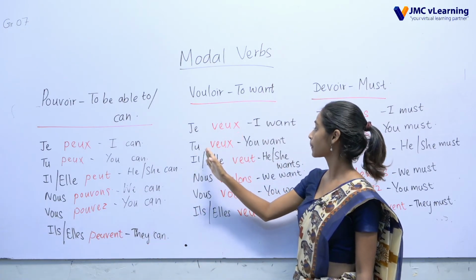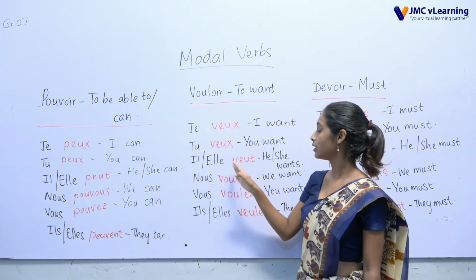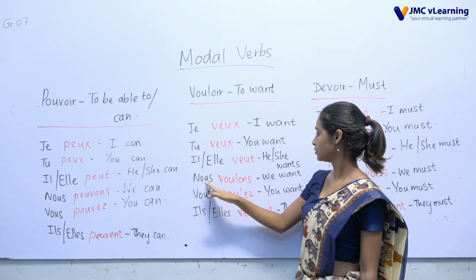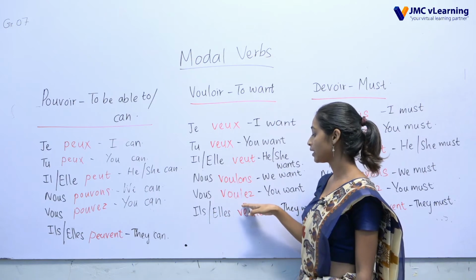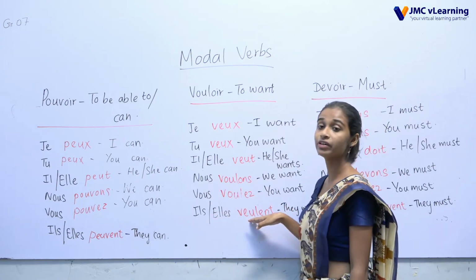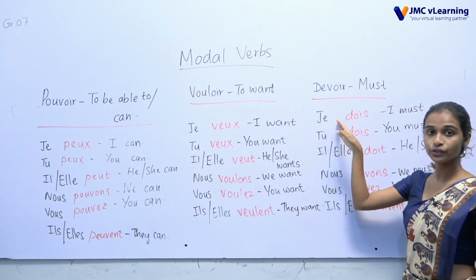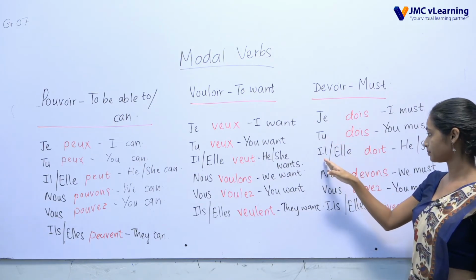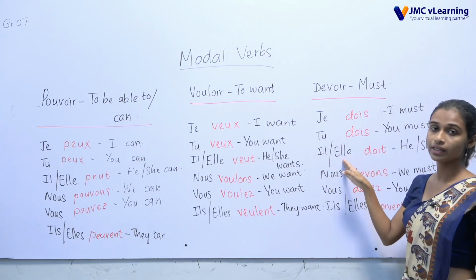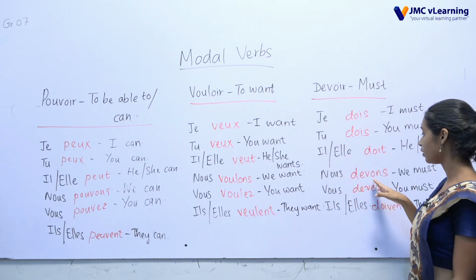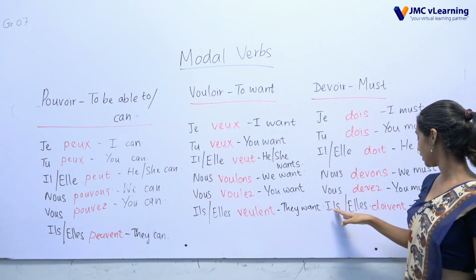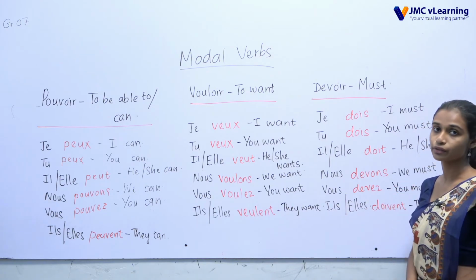Je veux, tu veux, il veut, elle veut, nous voulons, vous voulez, elles veulent. Je dois, tu dois, il doit, elle doit, nous devons, vous devez, ils doivent, elles doivent.